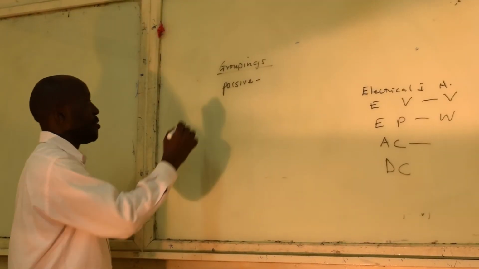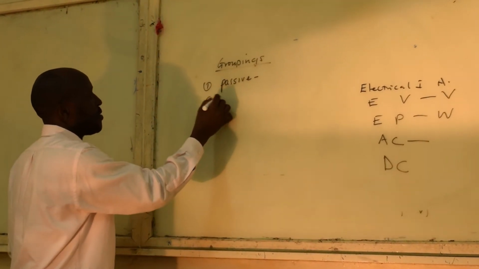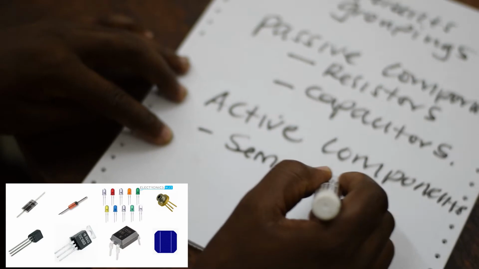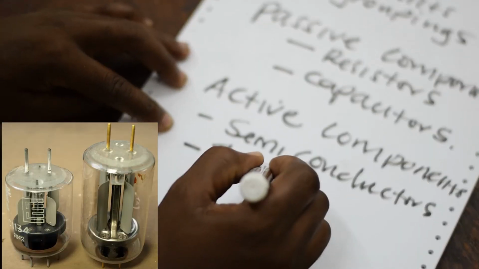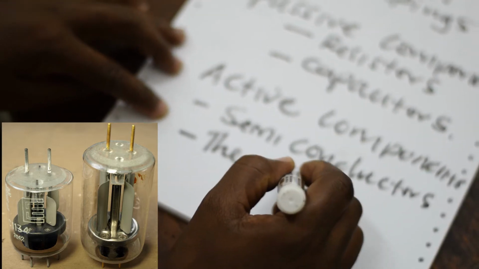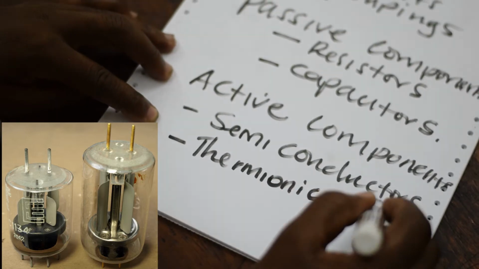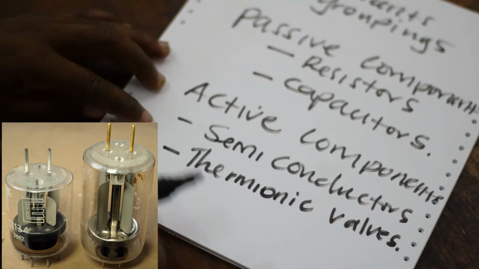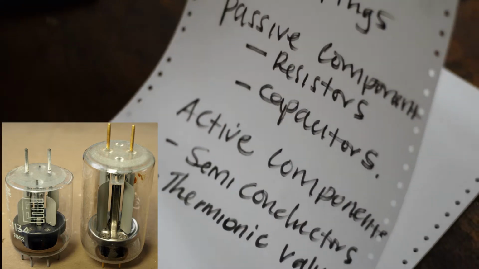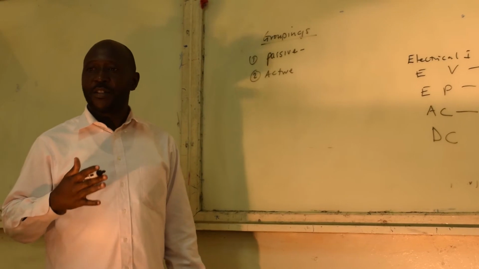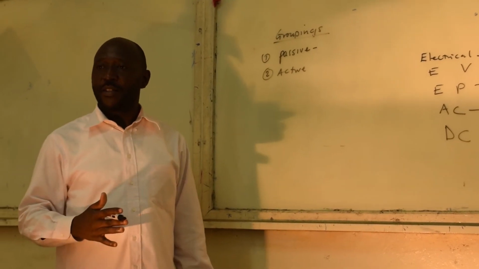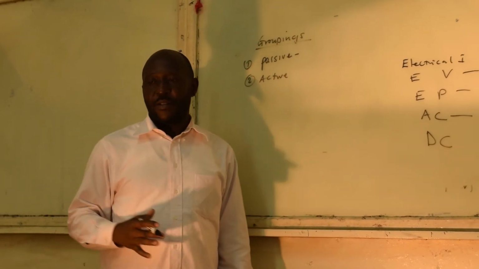Number 2, active components. Examples of active components include semiconductors and thermionic valves. Semiconductors include components such as diodes, transistors, triacs, integrated circuits, and so on.